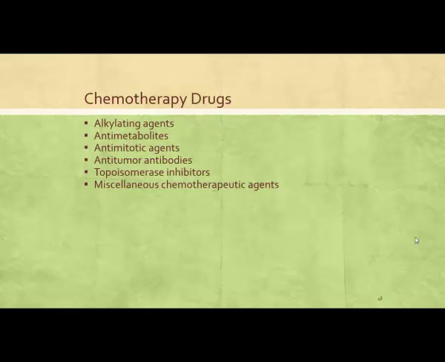The anti-tumor antibodies are good for helping damage the synthesis of DNA. So it's disrupting the S part of the cell cycle where DNA is replicated. And if we don't have DNA replication, then we don't have cellular division.